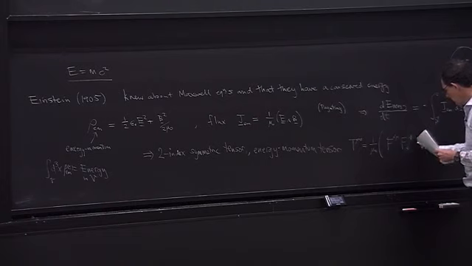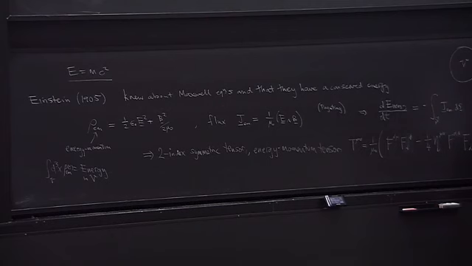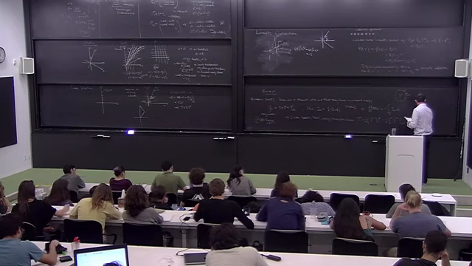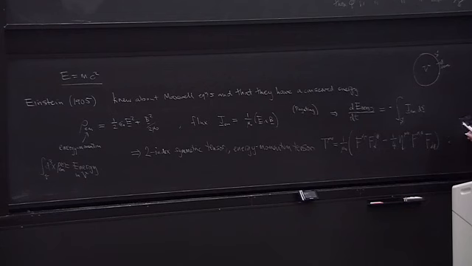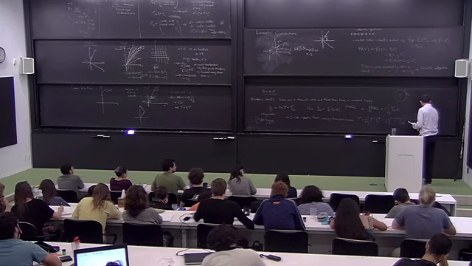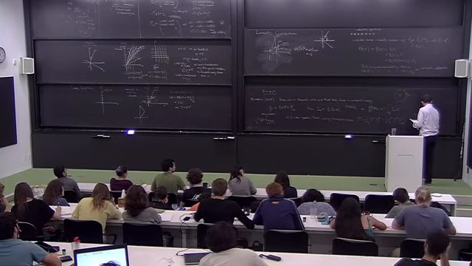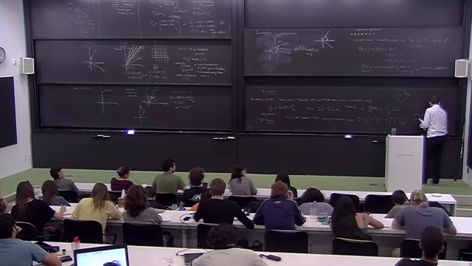Okay, so I'll try to do that. Minus 1/4 eta mu nu F alpha beta F alpha beta. Okay, so the claim is that T00 is equal to rho EM, and T0i, this is a symmetric tensor, T0i is Ti0, is equal to J EM i.